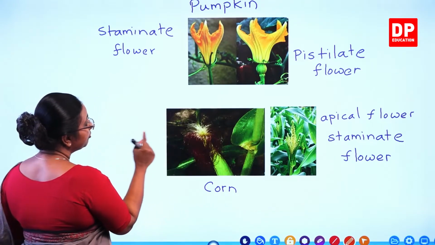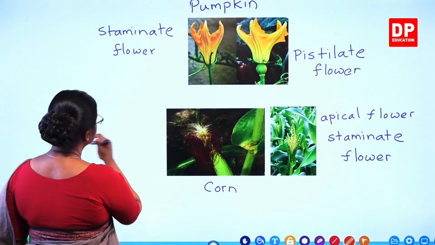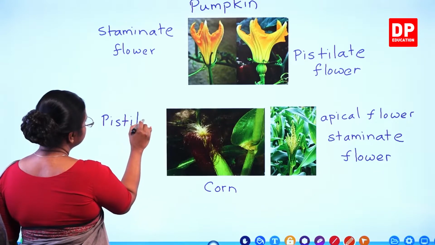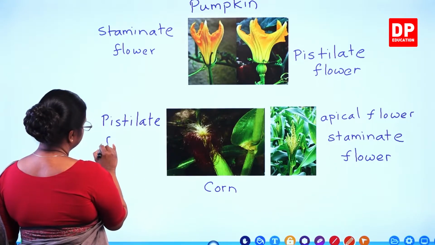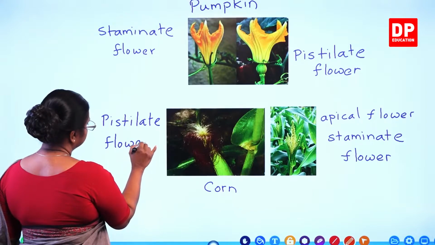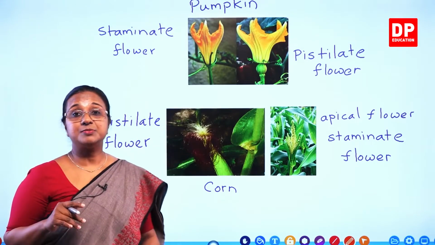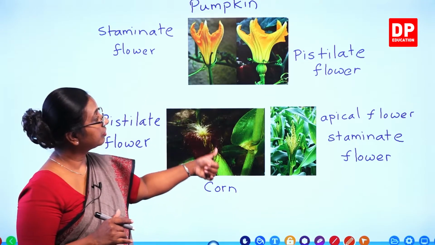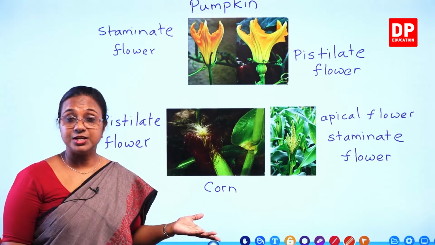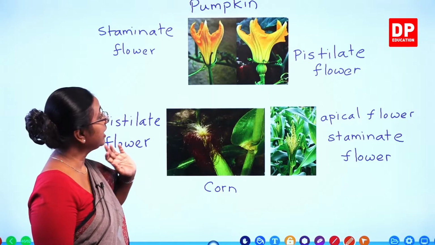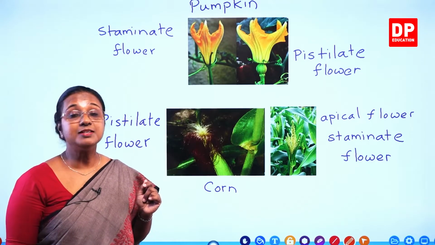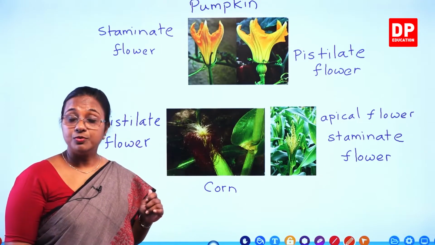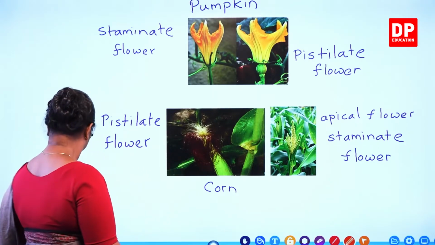So this is the fruit bearing flower of corn, that is pistillate flower. Another example, as we discussed before, is coconut. So pumpkin, corn, coconut, all of them have unisexual flowers, the staminate flower and the pistillate flower separately. That is one adaptation. With that, we will move on to the next one.